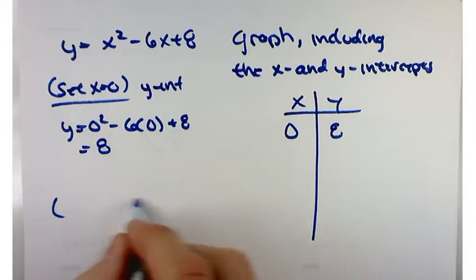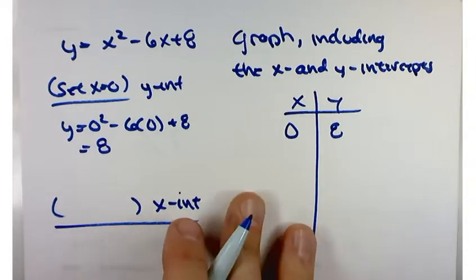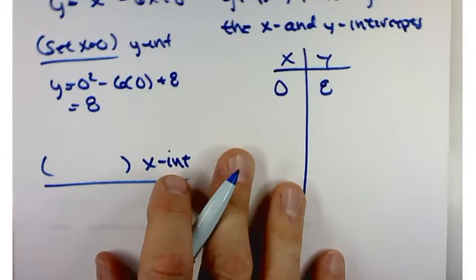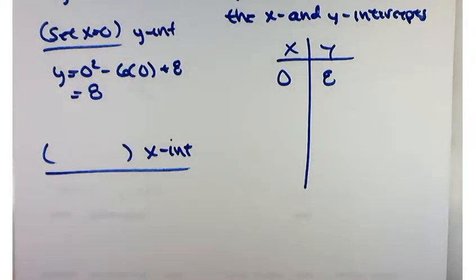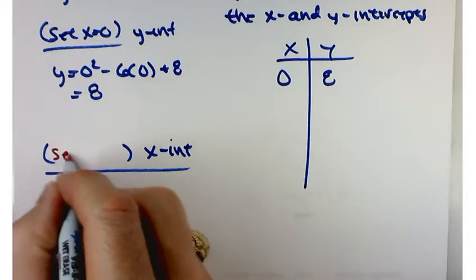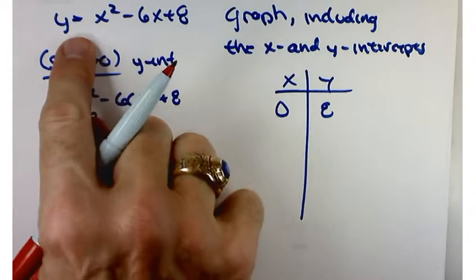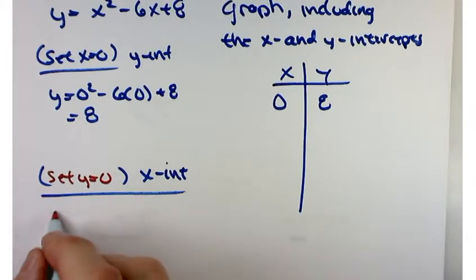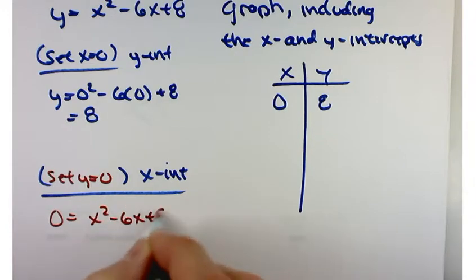How do you suppose I'm going to find the x-intercepts? Well, I said x equals 0 to get the y-intercept. What am I going to do to get the x-intercepts? Set y equals 0. So back up here in this equation, if I set y equals 0, I get 0 equals x squared minus 6x plus 8.